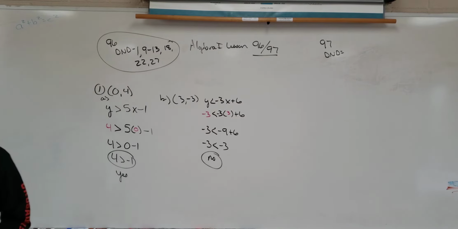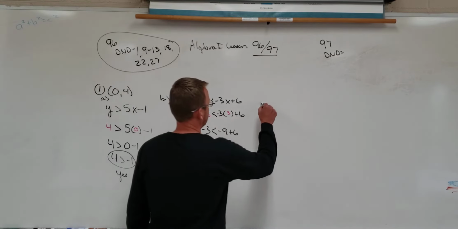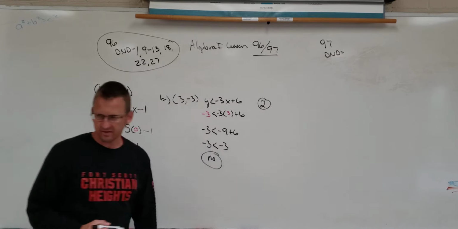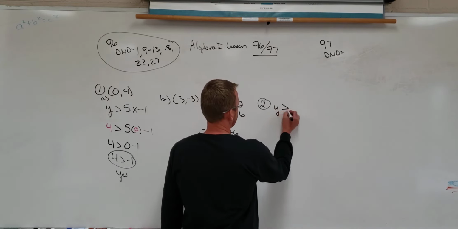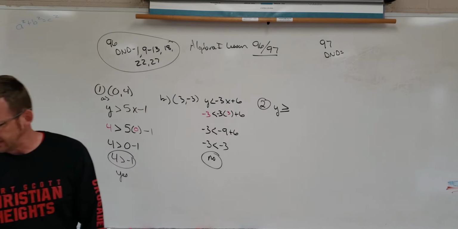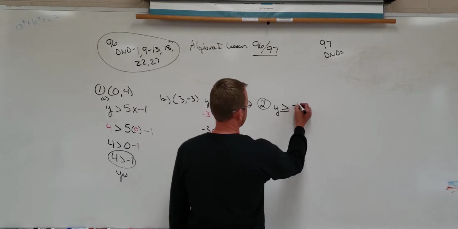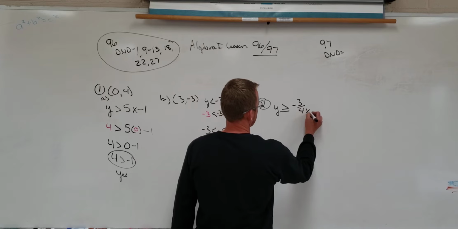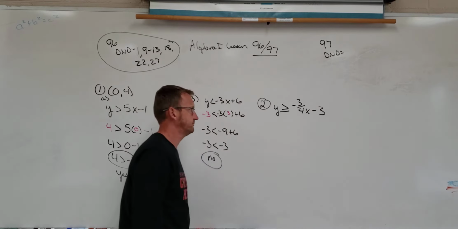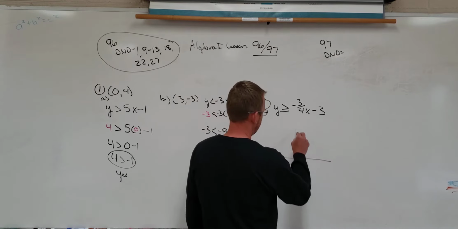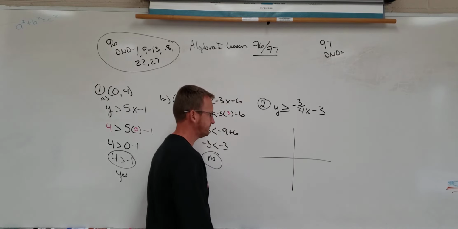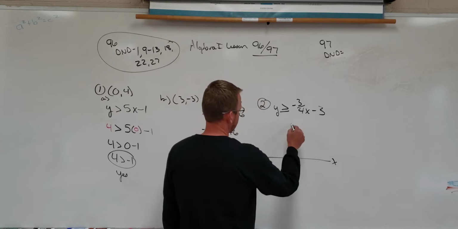Okay? So on example 2, we're graphing these. So 2 says graph this inequality of y is greater than or equal to -3/4 x minus 3. Okay? So we're going to graph this on a coordinate plane. X, y.